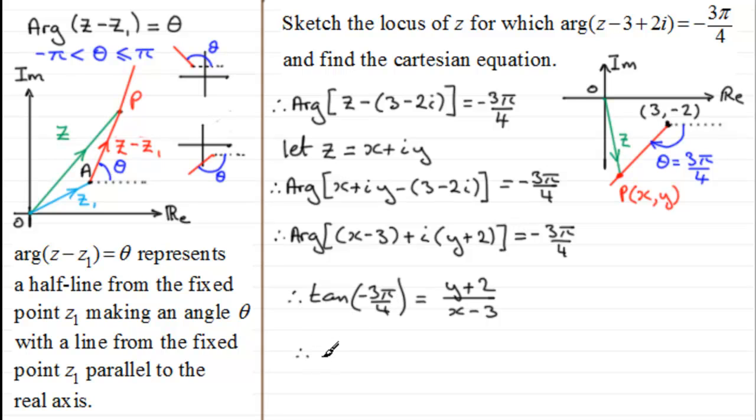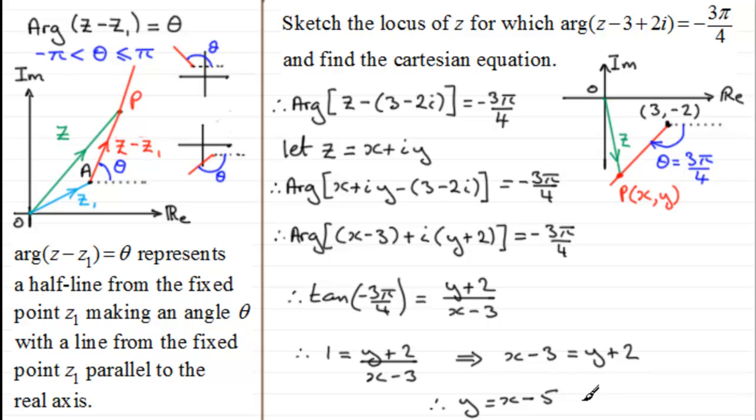So therefore 1 equals (y + 2)/(x − 3). If I multiply both sides by x − 3, it follows that x − 3 must be equal to y + 2. And if we make y the subject, we subtract 2 from both sides, we end up with y = x − 5.